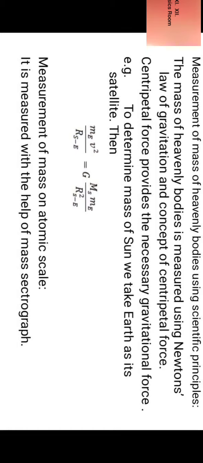Now, measurement of mass of heavenly bodies using scientific principles. The mass of heavenly bodies is measured using Newton's law of gravitation and the concept of centripetal force. It is the centripetal force that provides the necessary gravitational force to the planets going around the Sun. For example, to determine the mass of the Sun, we take Earth as its satellite.